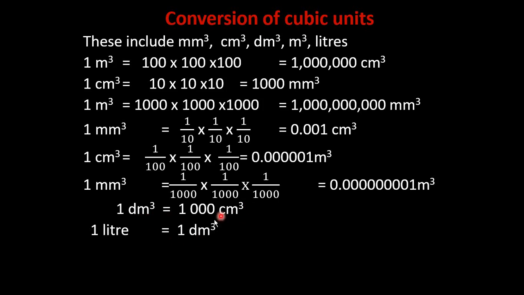So this is equivalent to that, and this is equivalent to that. So it simply implies that 1 liter is equivalent to 1000 cubic centimeters. That is very, very important for you to know: 1 liter is equivalent to 1000 cubic centimeters.